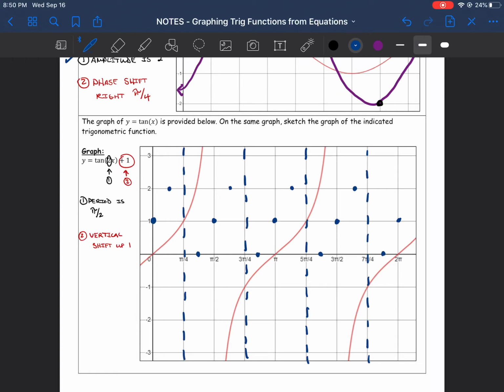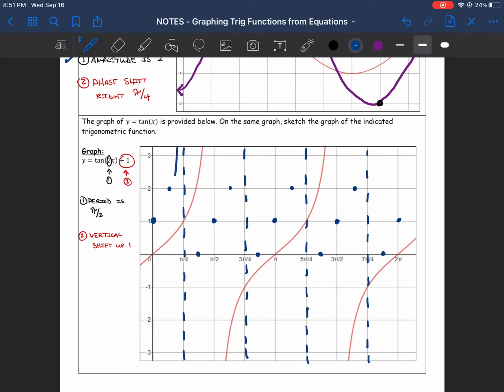So just kind of thinking about the way that tangent normally works, for the parent function, we would have those kind of in-between points at 1, and since we're not multiplying any of these terms by a factor of anything, those little in-between points are still going to work. They've just been shifted up once. And since our period is now pi over 2 rather than pi, we're just getting more cycles in that same time frame. So now let's go ahead and connect all these points here.